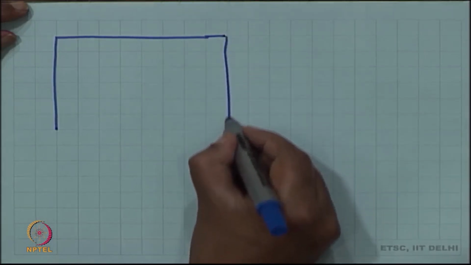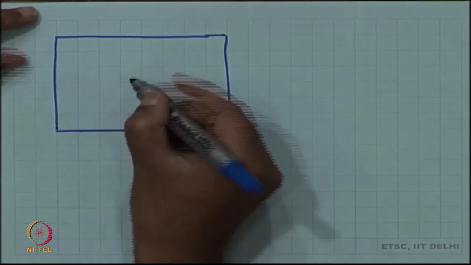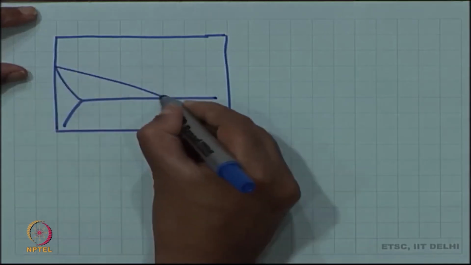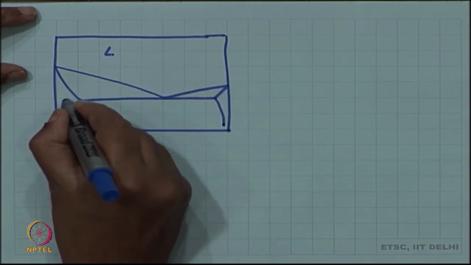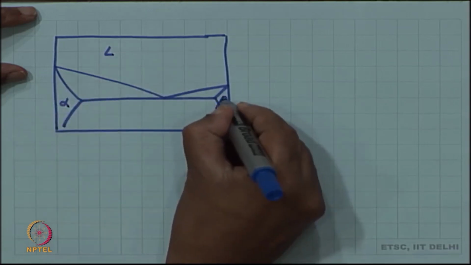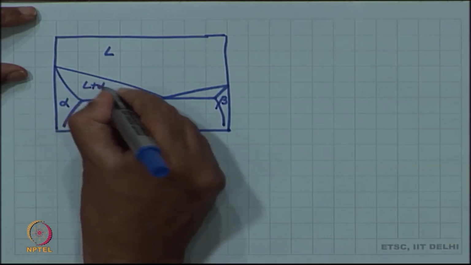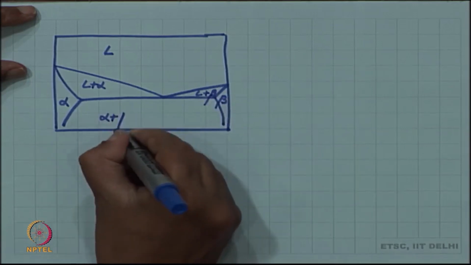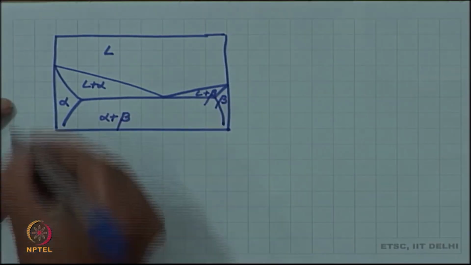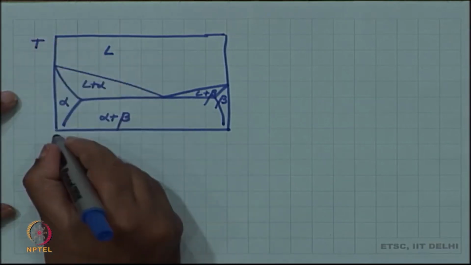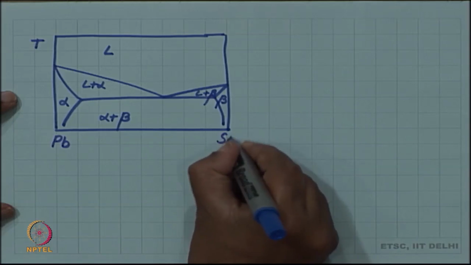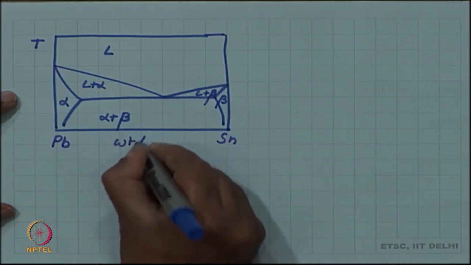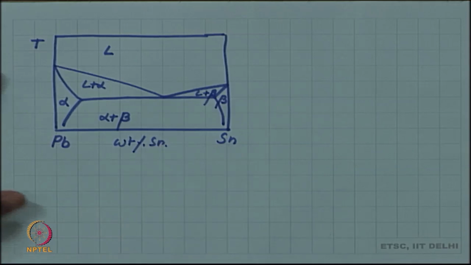And that is a three phase equilibrium. So, suppose I insist on a three phase equilibrium in this alloy system. What will be the situation?